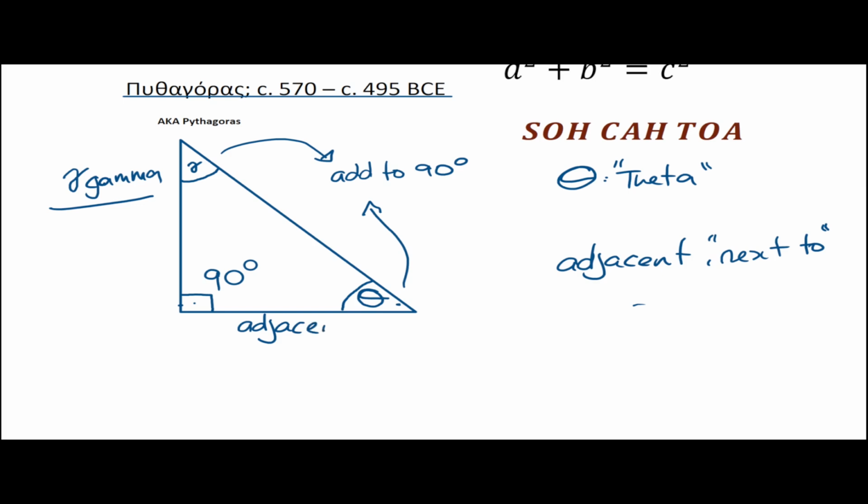So that's why we call it the adjacent side. This side here is called the opposite side because it is opposite the theta angle. That's why it's called the opposite side.